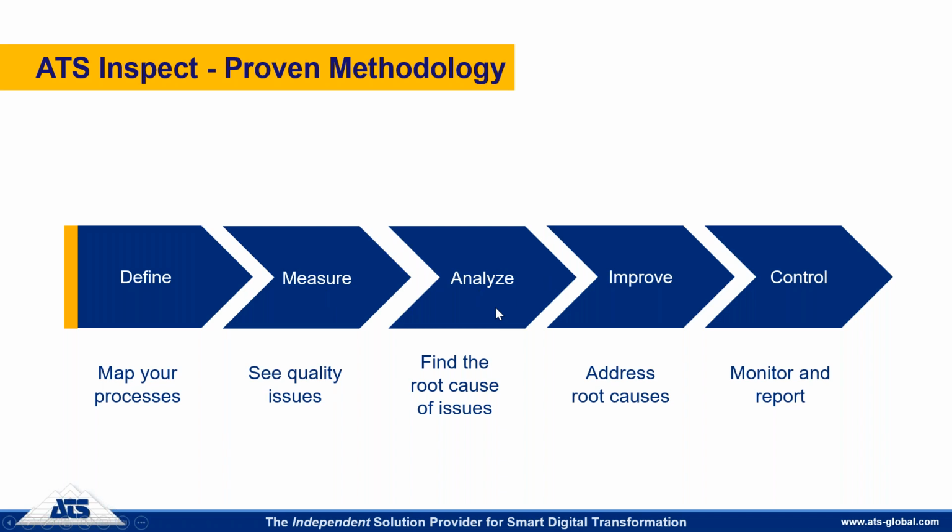So using the data from the reports, you can improve the assembly or production process and the procedures to address the root causes that were found. Then using the same reports, you can control if those improvements actually have the desired effect, if the number of defects goes down. And from there, you can basically go into a continuous improvement loop.